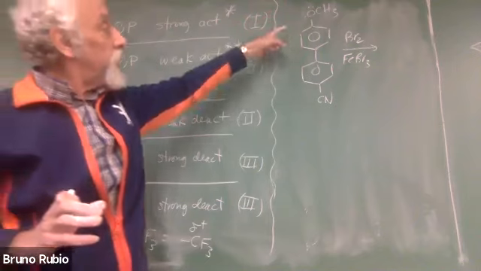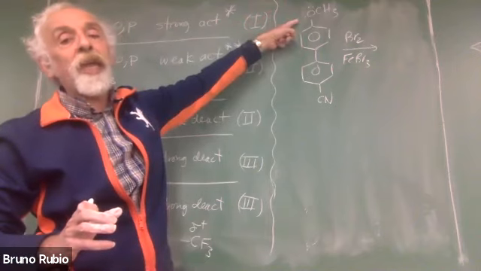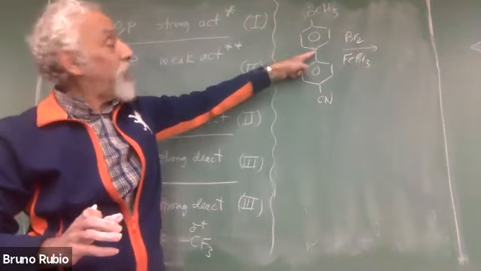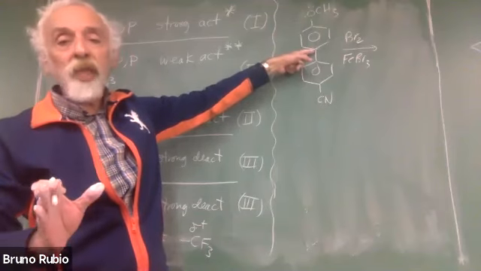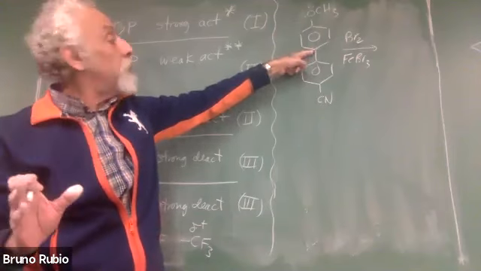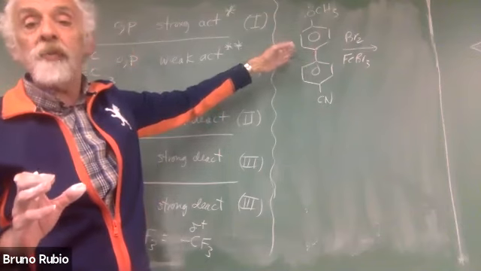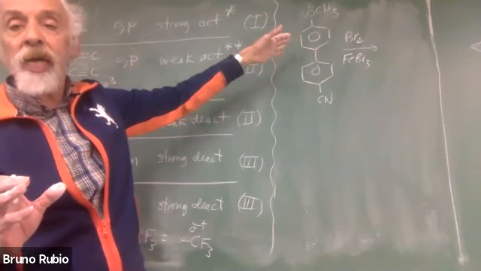Okay, and so this is an ortho-para director. The para position is blocked. There's something already there. We can't put a Br here because then we'll have a carbon with 5 bonds.